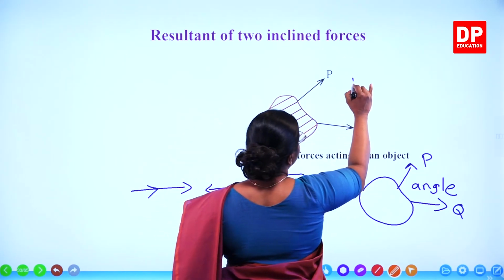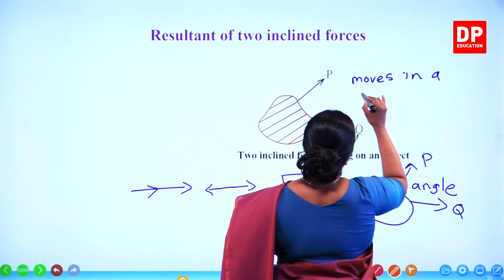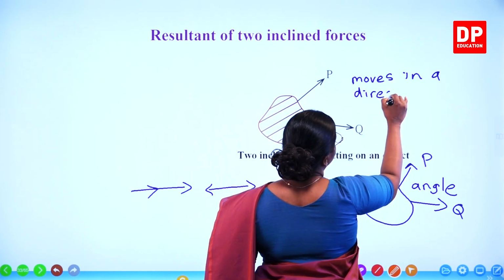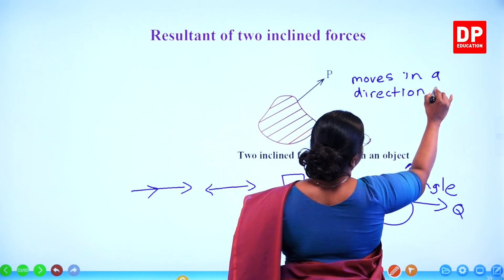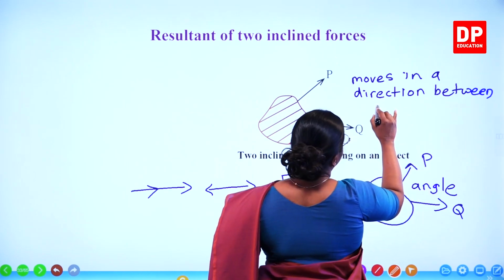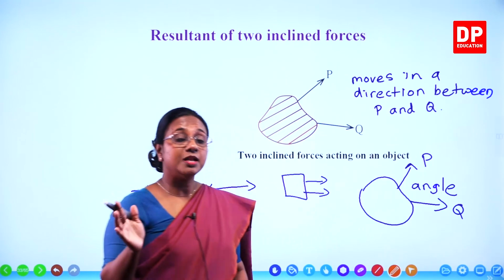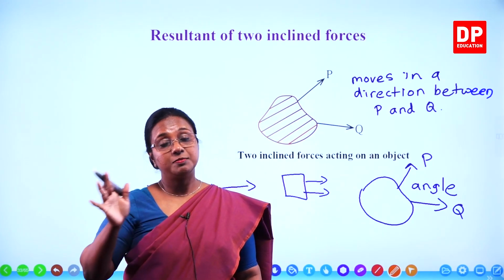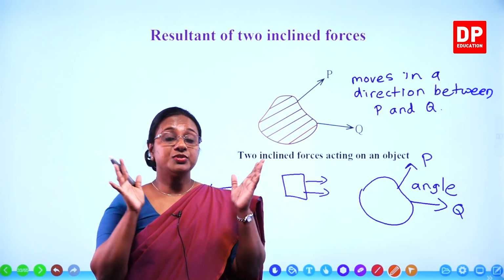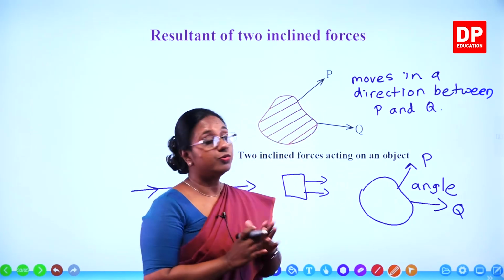So here it moves in a direction between P and Q. Sometimes it might be more towards P, sometimes it might be more towards Q, or sometimes it might be right at the center, the middle of the two forces.